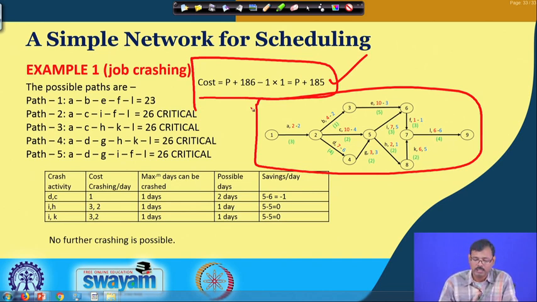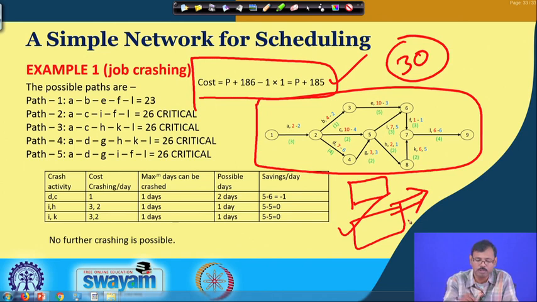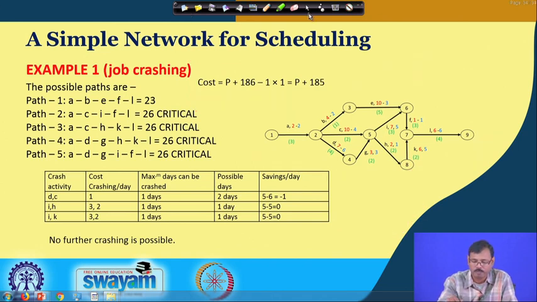In this way we have not only reduced the duration of the project but also gained additional profit, because the total cost is reduced. That is why it can be considered the optimum cost or optimum duration of the project.